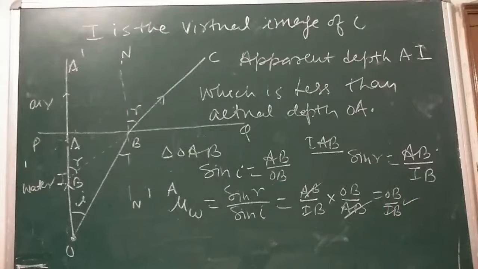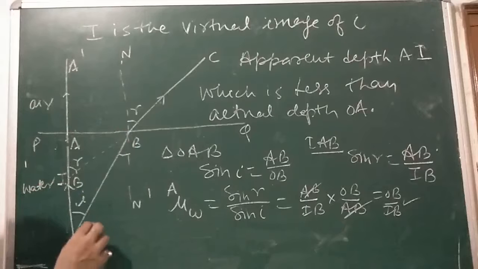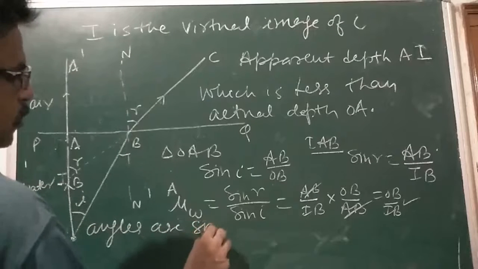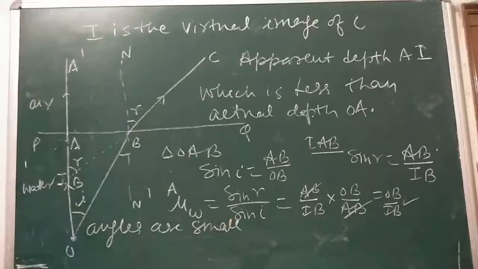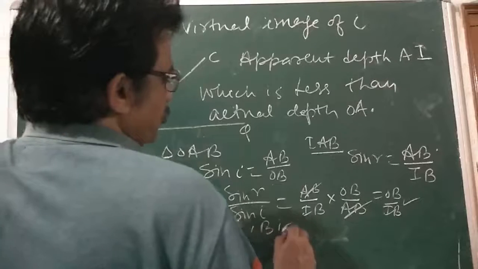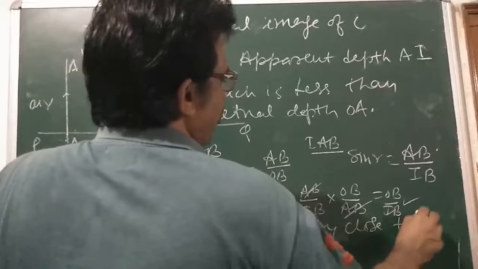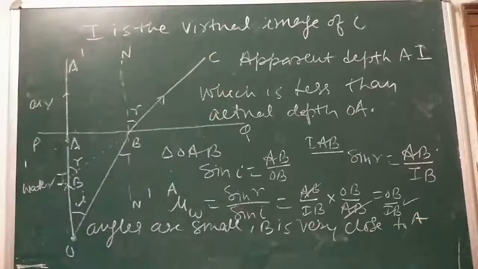When the angles are small, so I can say B is very close to A. Then what happened?